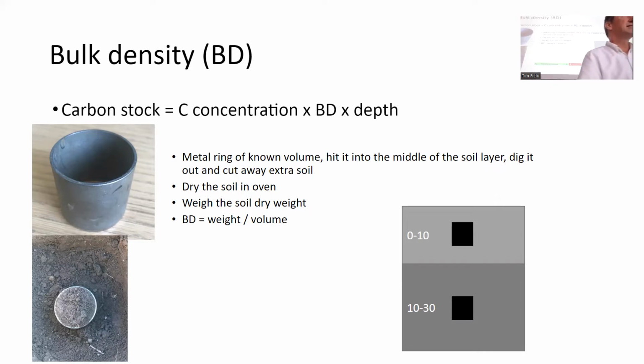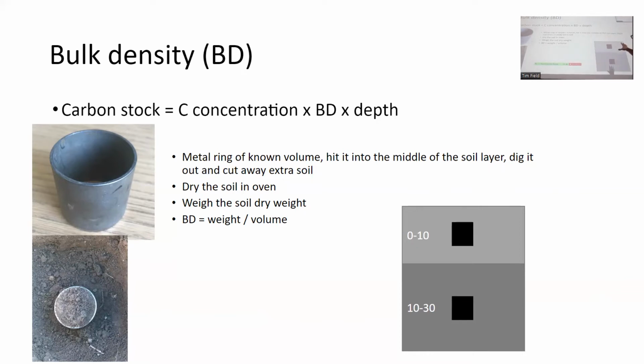So of course, in the sampling itself, there are basically two bottlenecks. One is the analysis, which you send to the lab, and it takes time. The other one is actually the bulk density, and we didn't really solve that problem yet. So we still sampled with rings. You have a metal ring of a defined volume, you hammer it into the soil, you take it out, you weigh the dry sample, and that gives you your bulk density.